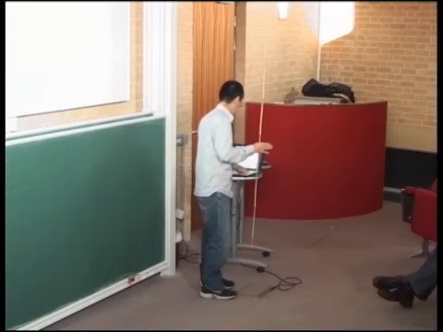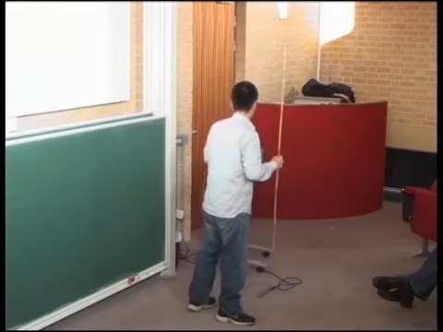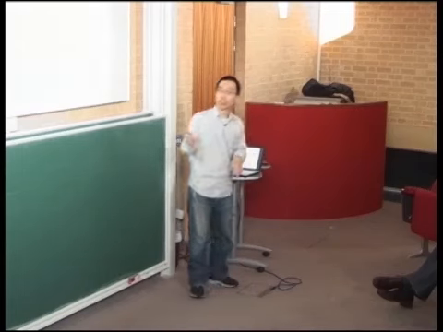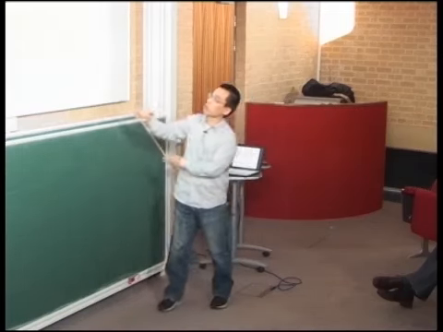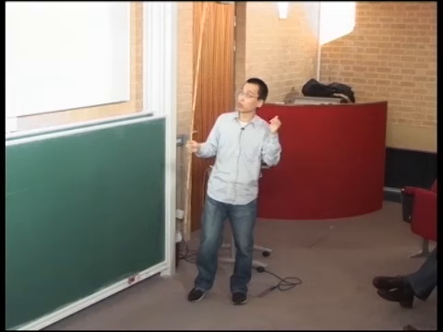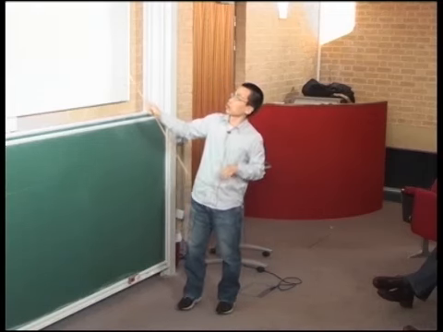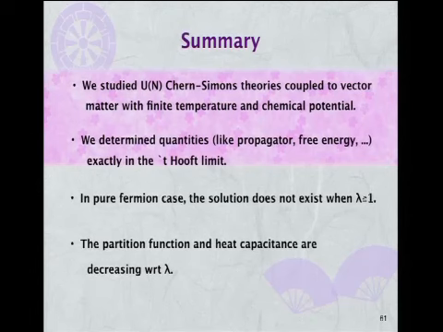Okay, let me make a summary. We studied U(N) Chern-Simons theories coupled to vector matter, one complex fermion or one complex boson or the supersymmetric case, with finite temperature or chemical potential.